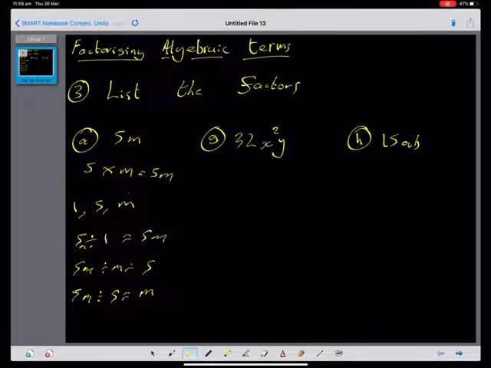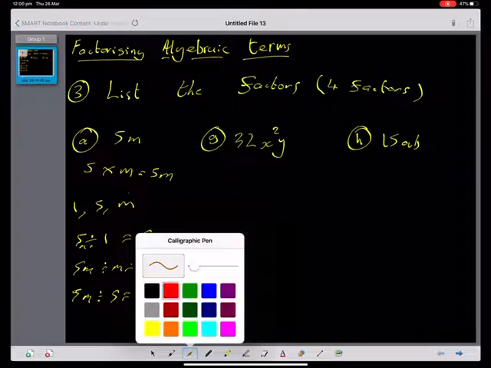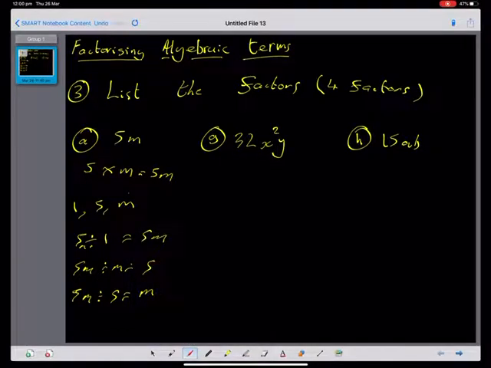Okay, so 32x squared y. It says list the factors, and we want 4 factors. Okay, so on this one, we've got 1, 2, 3, and obviously 5m is a factor also.